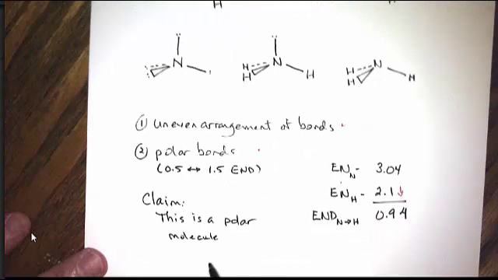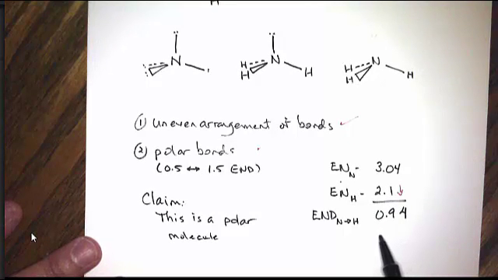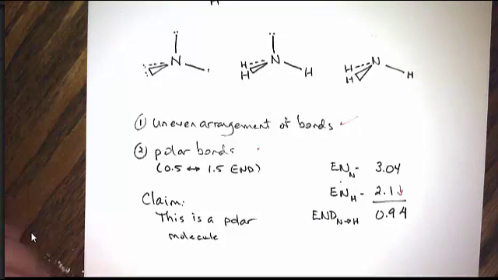Okay, justification, claim, evidence, reasoning. The reasoning then is that a molecule that has an uneven arrangement of bonds and has polar bonds is going to be considered a polar molecule. All right? Claim, evidence, reasoning. Okay? Remember that. CER, C-E-R, claim, evidence, reasoning. All right? So, ammonia is a polar molecule.